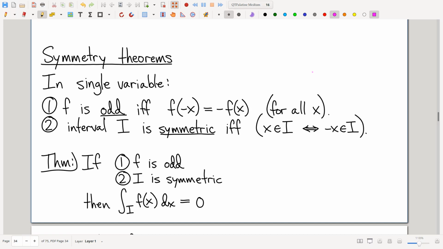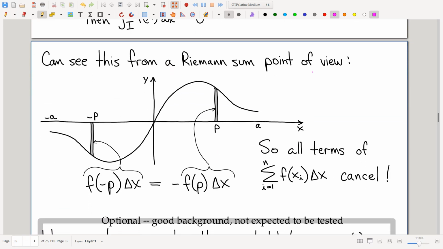But if you have an odd function on a symmetric domain, such that when you flip it over the origin it changes sign, then on negative a to a, the integral is 0. And the reason that the integral is 0 is pretty straightforward. Here's our picture, here's our symmetric domain, and odd means that whatever extent it's up there, it's down here.